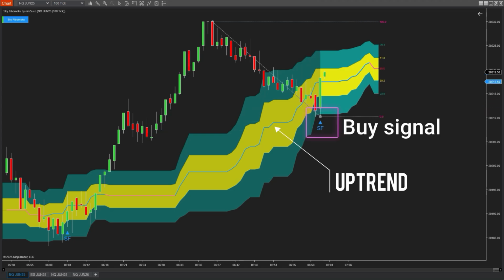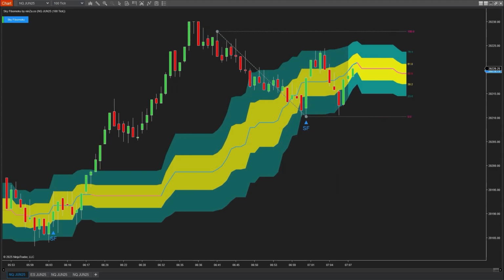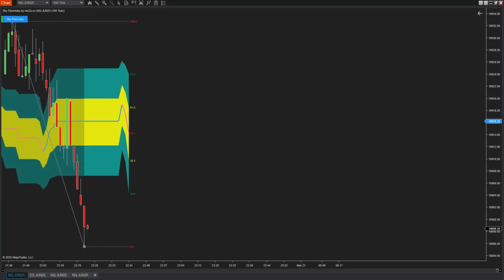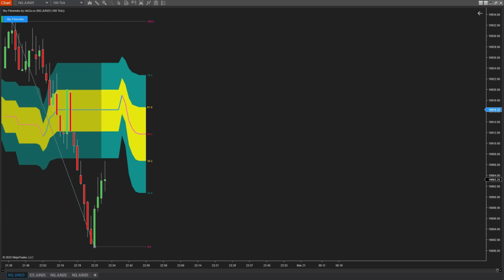When the overall trend is bullish, the indicator will suggest a buy signal as price pulls back into the Fibonacci zone and shows signs of a bounce. This approach not only helps traders identify high confidence reversal areas, but also reduces the chances of falling for false breakouts or unreliable signals due to misplaced Fibonacci levels.